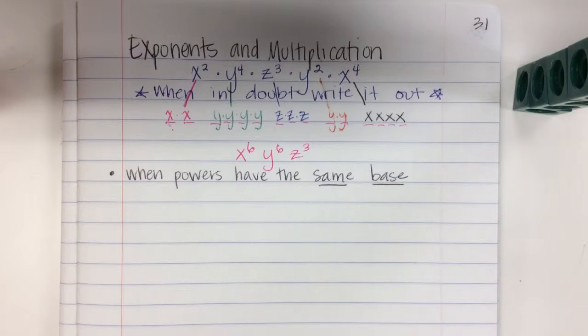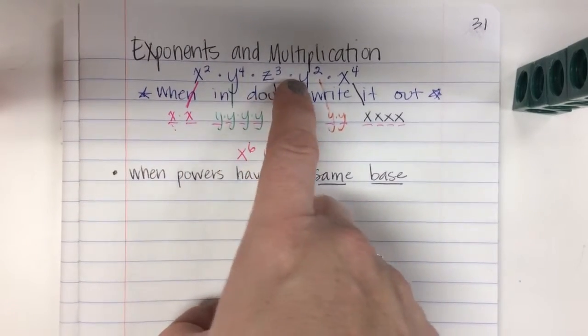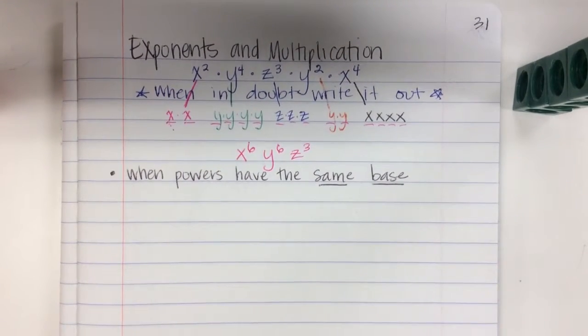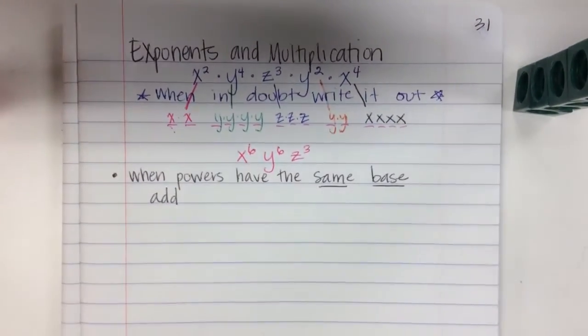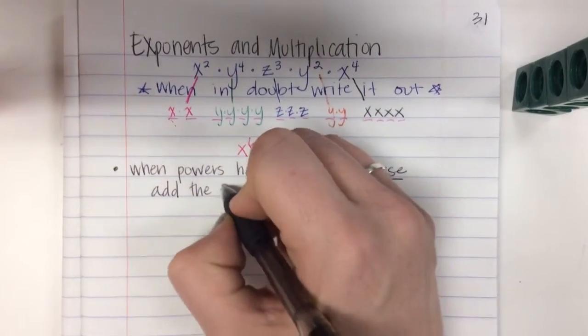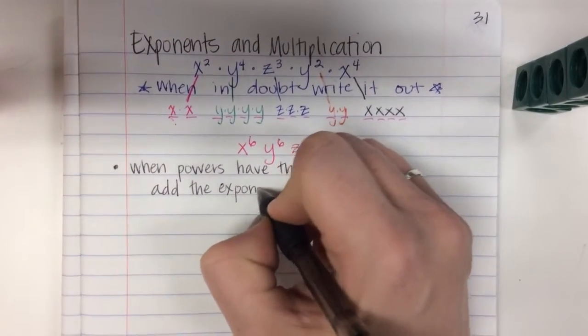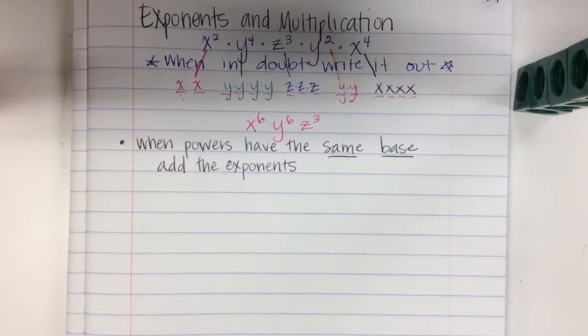In this expression, x, y, z, y, x, those are the bases. When powers have the same base, what do you think you do? You add what? The exponents. When powers have the same base, all you do is add the exponents.